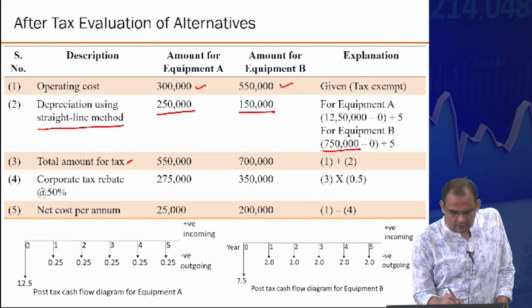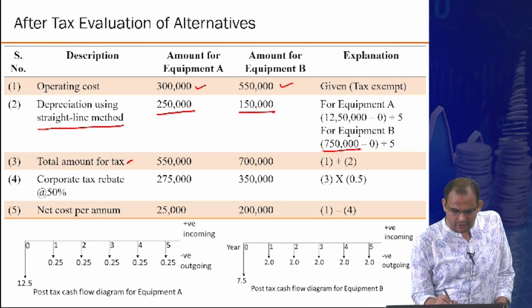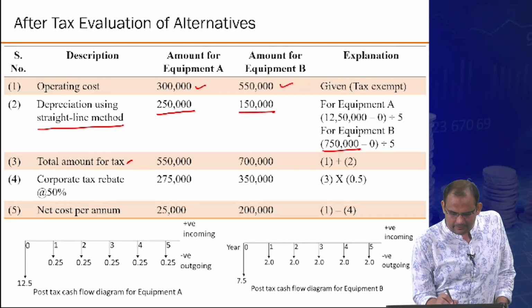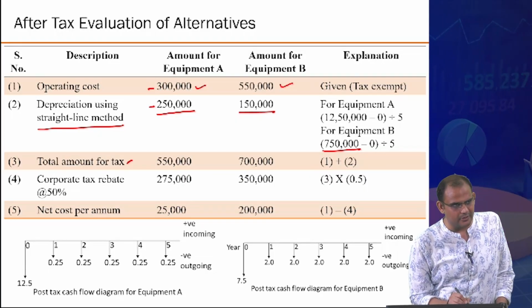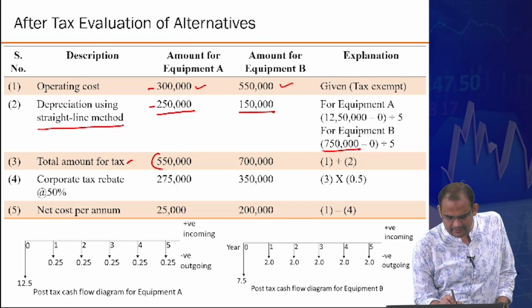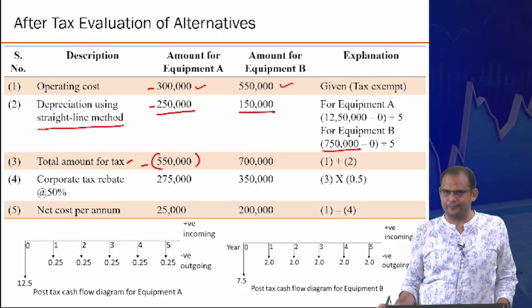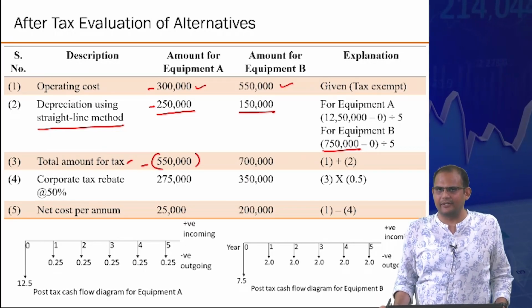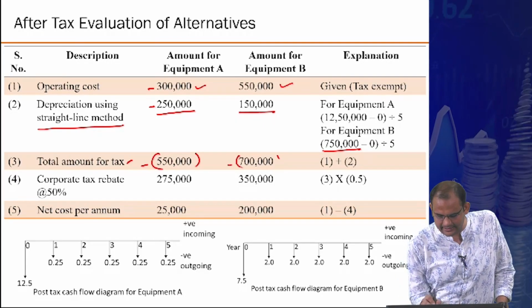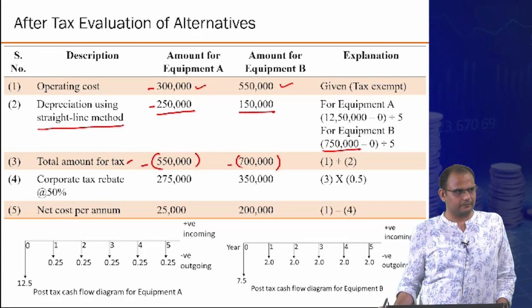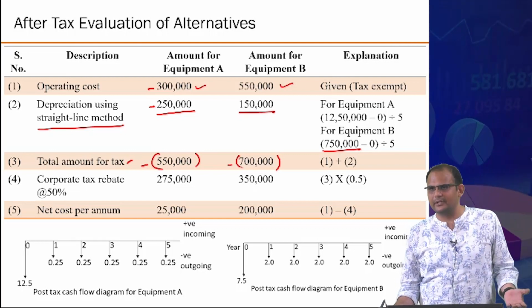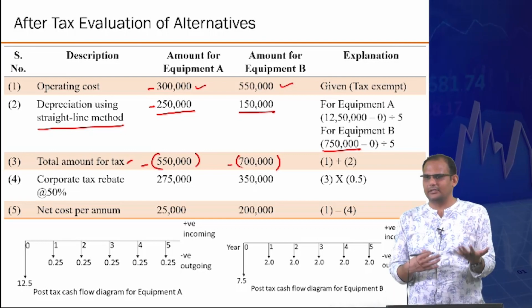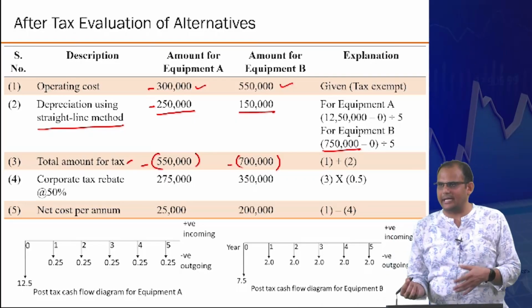So total amount for taxation becomes your operating cost, which is already negative. The depreciation is a negative amount. So it becomes a sum of minus 5,50,000 and minus 7 lakh in this case, right? But since we are dealing with a negative taxable income, we assume that this is kind of a benefit instead of actual tax happening.